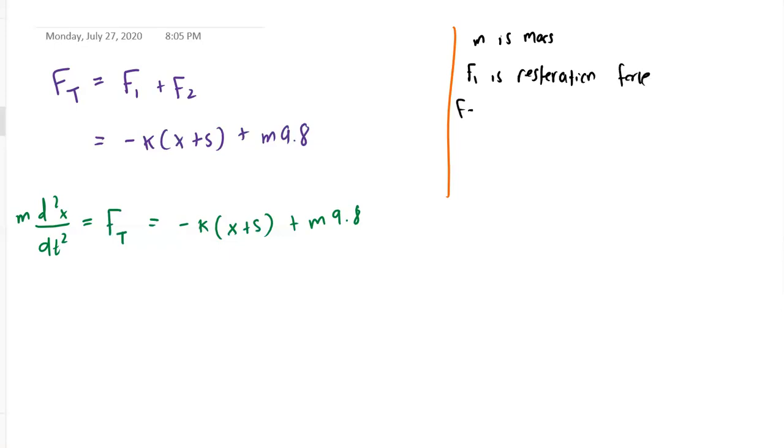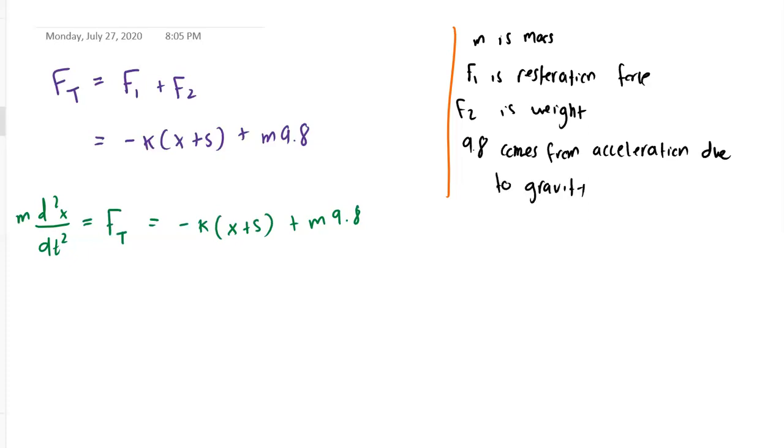F2 is weight. And then, of course, 9.8 just comes from acceleration due to gravity. Right. So this is the setup we have as of now.